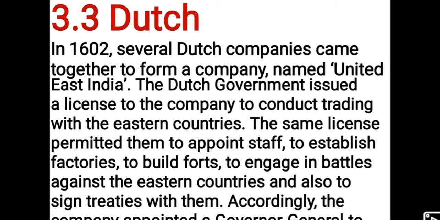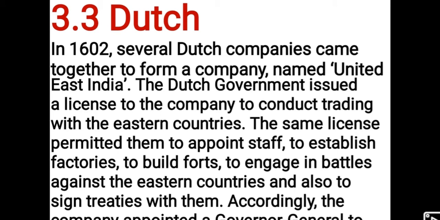Accordingly, the company appointed a governor general to take care of Indian affairs. The Indian administration was taken care of by the governor general of the Dutch people belonging to Holland and the Netherlands.